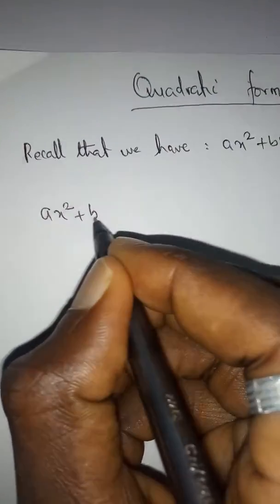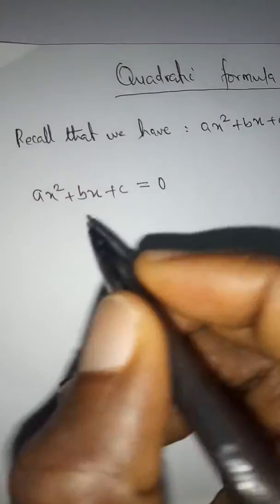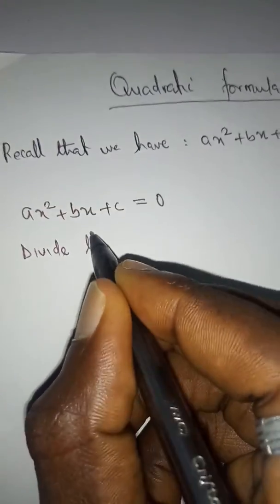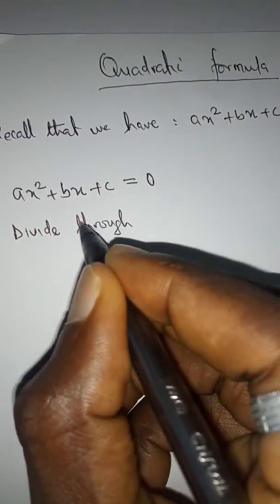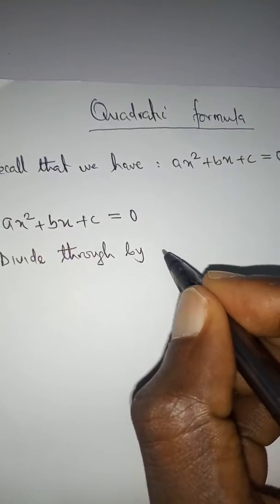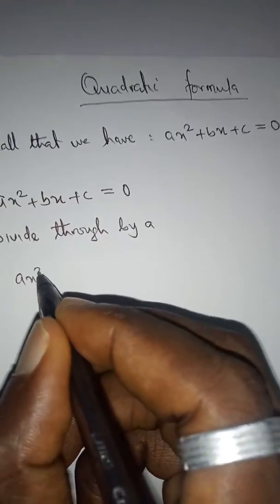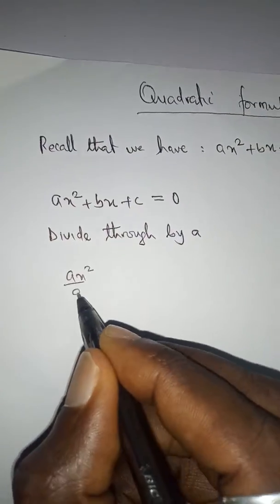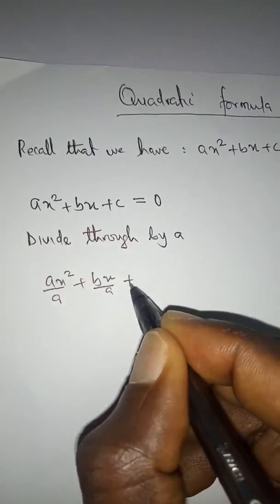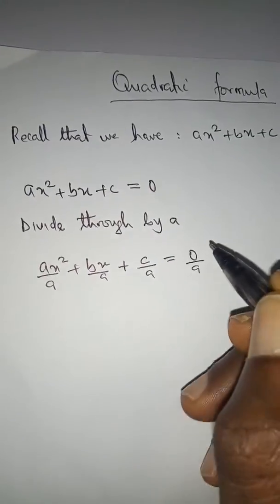ax squared plus bx plus c equals 0. You divide through by the coefficient of x squared, which is a. So we have ax squared divided by a plus bx divided by a plus c divided by a equals 0 divided by a.